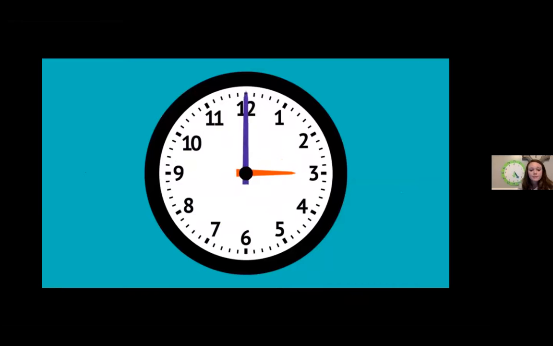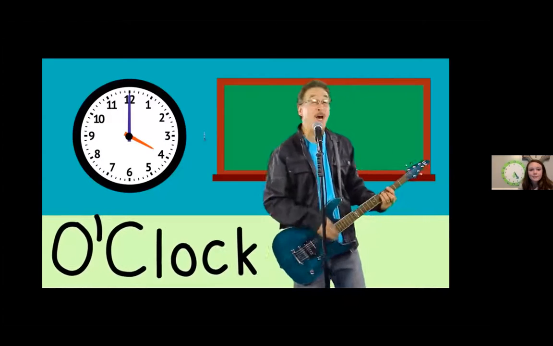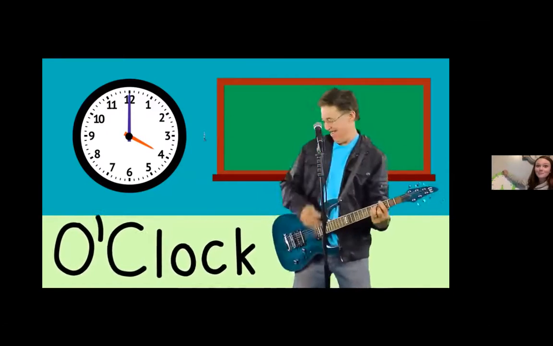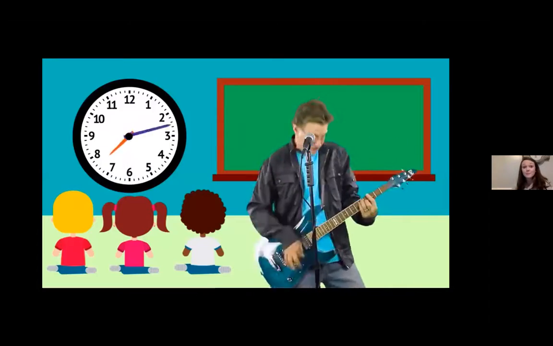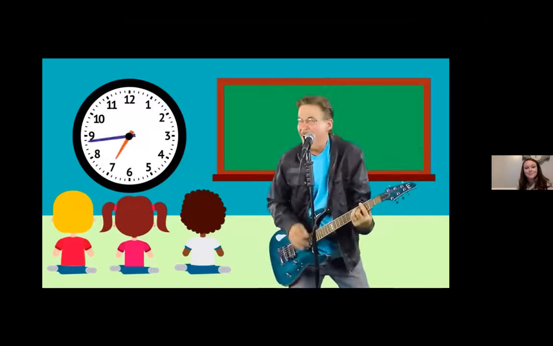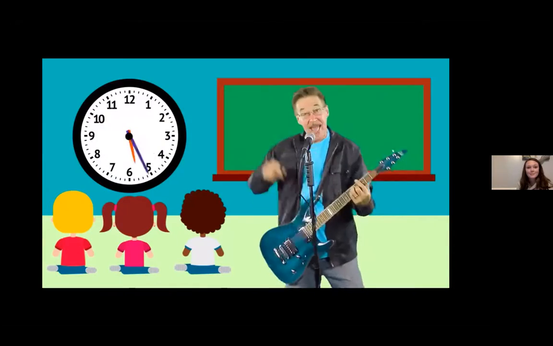A long hand goes all around each hour. And we always say, o'clock, on the hour. Tick tock, let's learn about the clock. Tick tock, the analog clock.